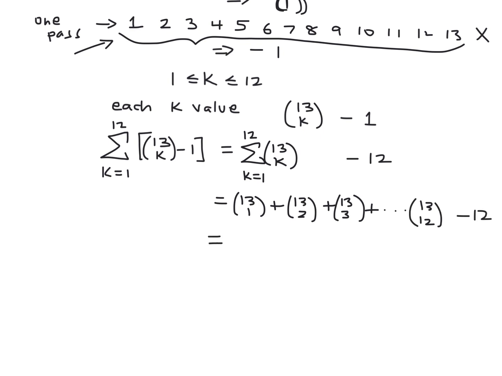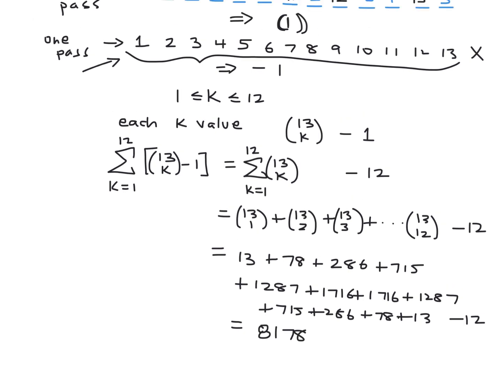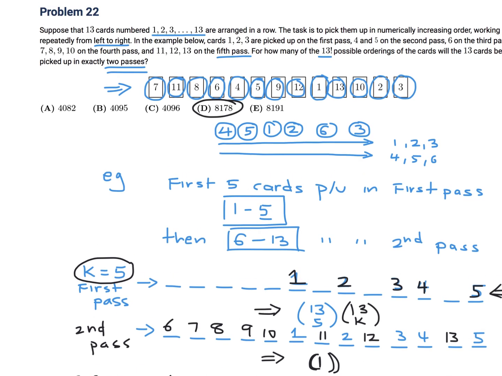And then these numbers, I crunched them out. 13, 78, 286, 715, 1287, 1716, 1716 again, 1287, 715, 286, 78, 13, and then don't forget that minus 12. And when you calculate this, it's 8178. And 8178 is choice D for this question number 22.